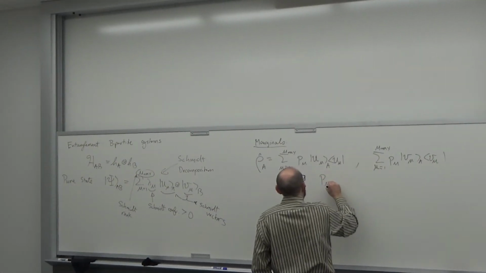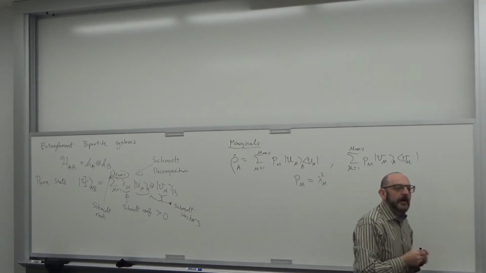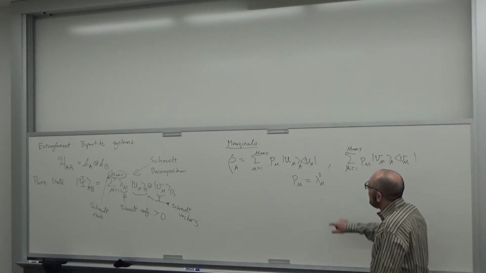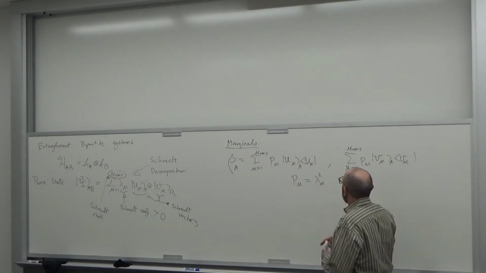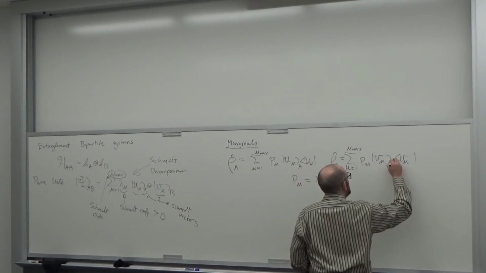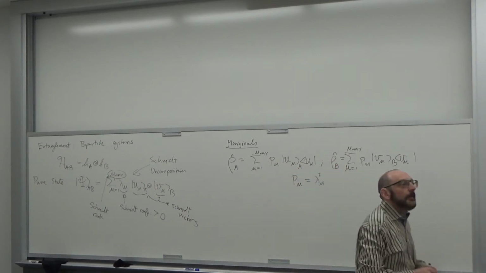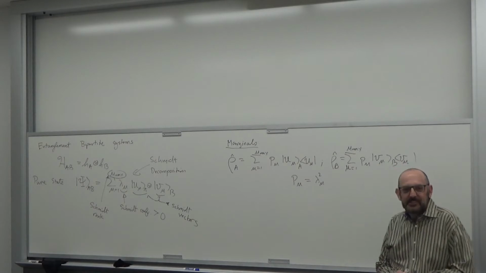Where the spectrum, that is to say, the eigenvalues of the density matrix are related to the squares of the Schmidt coefficients. And the eigenvectors of the marginals, the reduced density operator, are the Schmidt vectors up to some phase which we cannot get from the marginalization, okay?